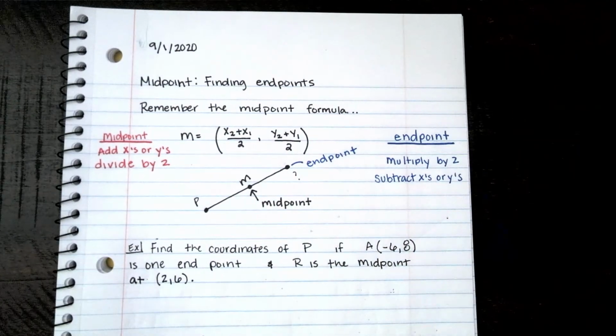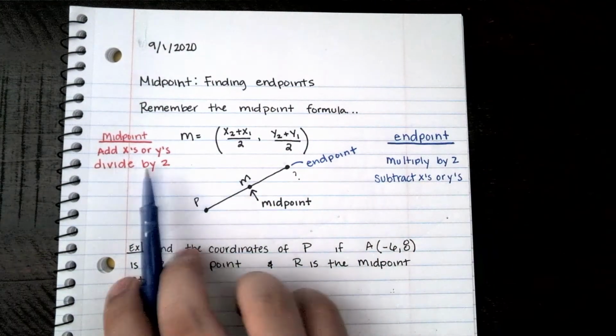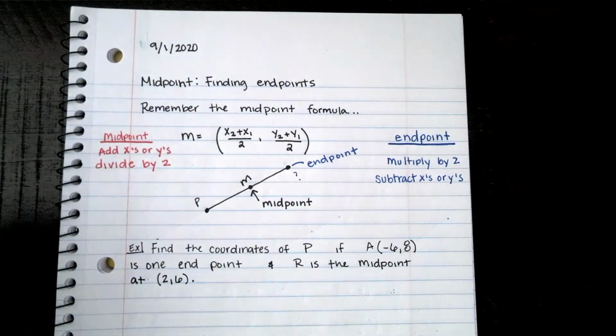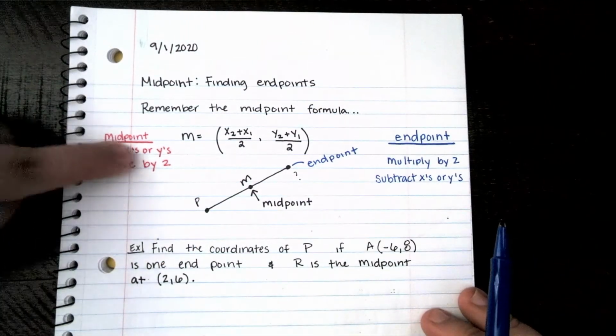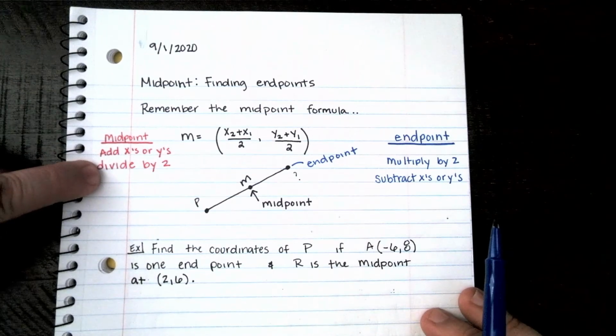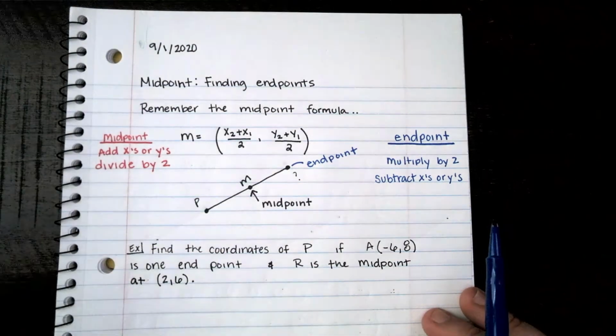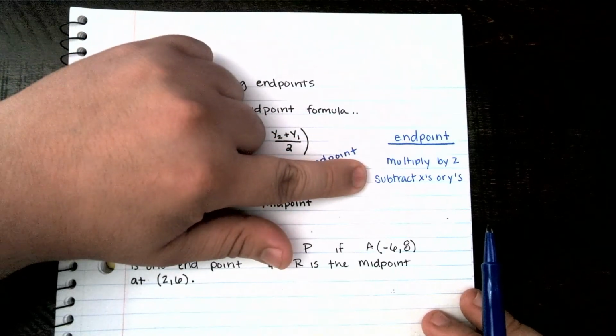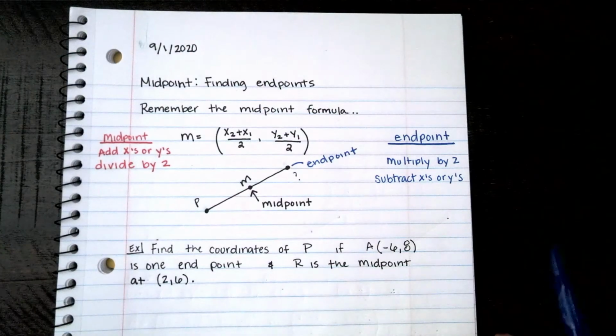So to get an endpoint, I just do the opposite of the formula. So I don't want you to overthink it. So remember, for a midpoint, you add x's and y's, and then you divide by 2. But for an endpoint, we're going to go backwards. We're going to multiply by 2 first, and then subtract x's or y's, okay? So think of it like that.